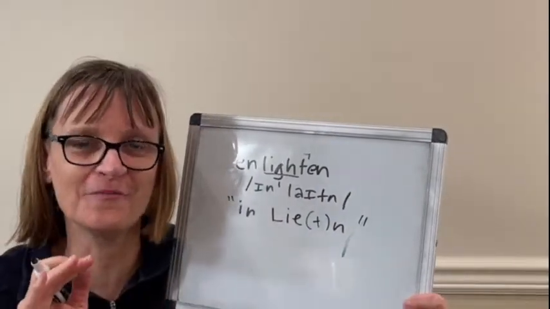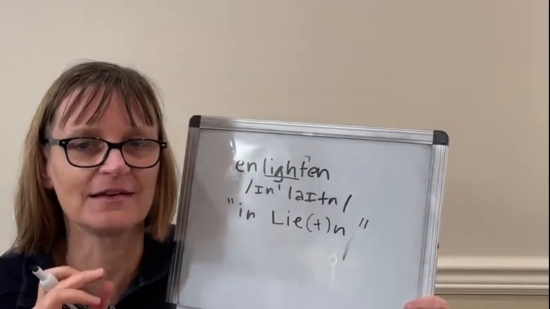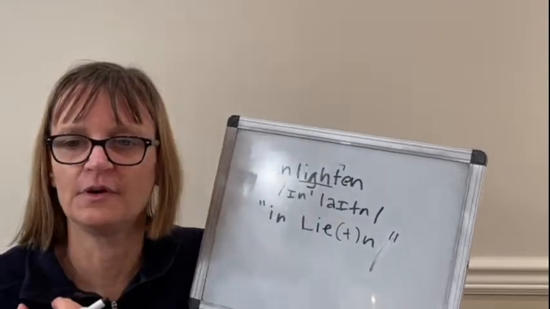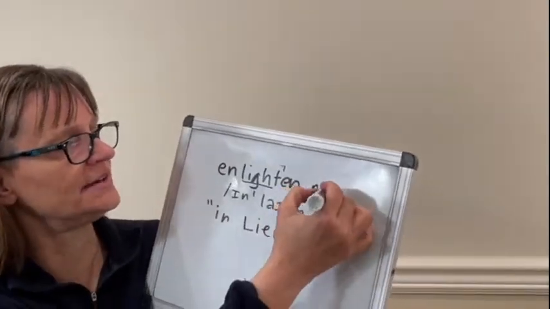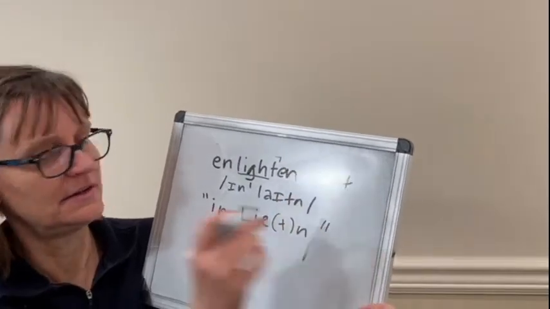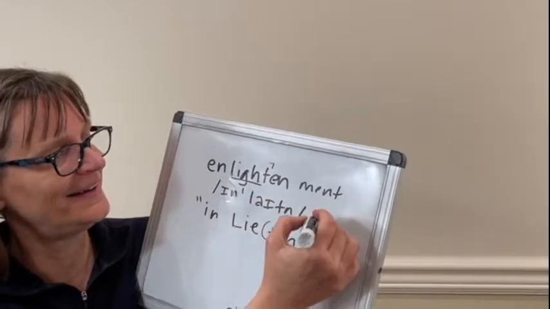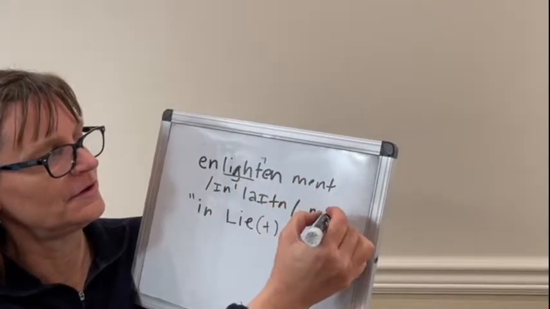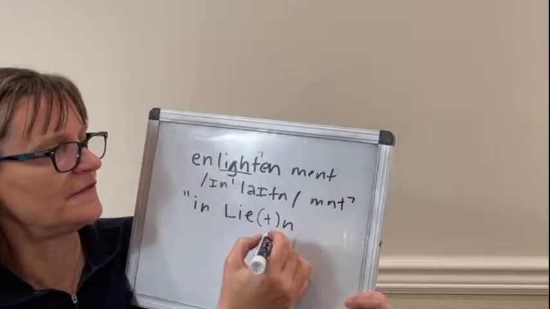My tongue goes up for the T, but then just releases on the N. Enlighten, enlighten. And then for enlightenment, we just add another stopped T at the end of that. So you'll have enlightenment.